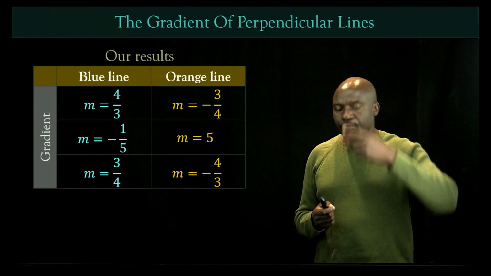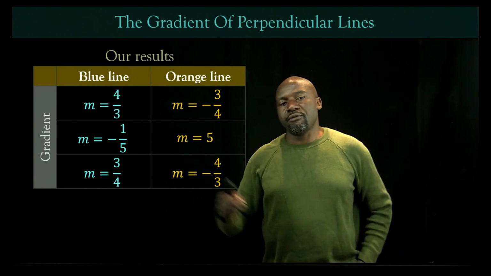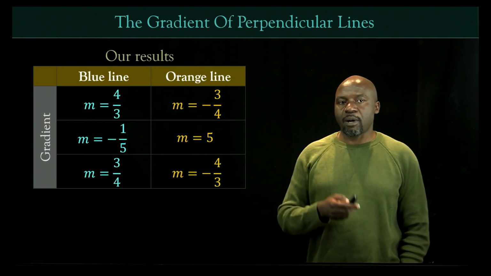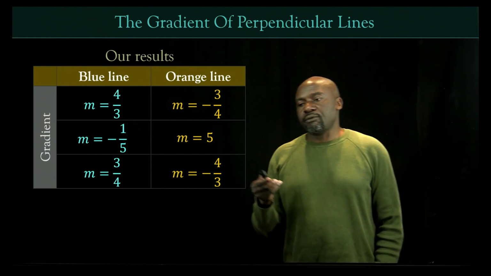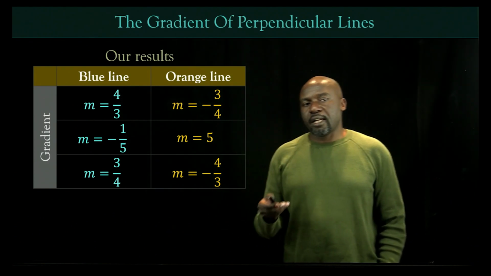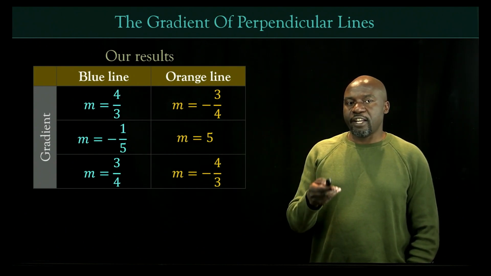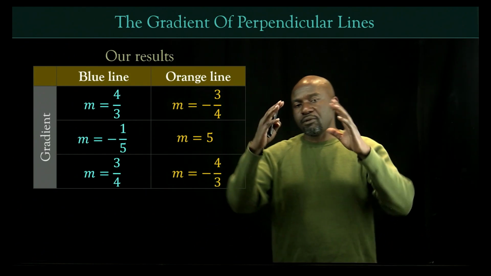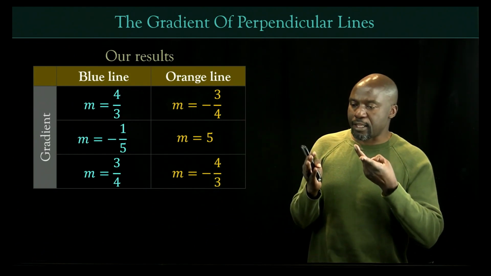Reciprocal means flipping. So the negative reciprocal of the gradient of the first one. So if line 1 and line 2 are perpendicular, then the gradient of line 1 must be the negative reciprocal of the gradient of line 2. It's the negative of the number you get when you flip the other gradient.